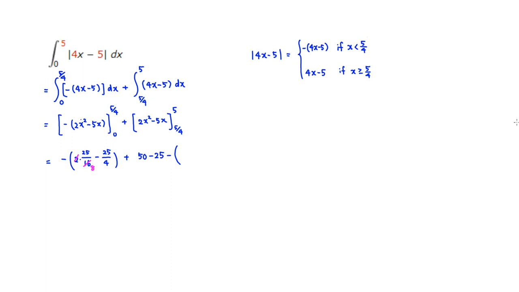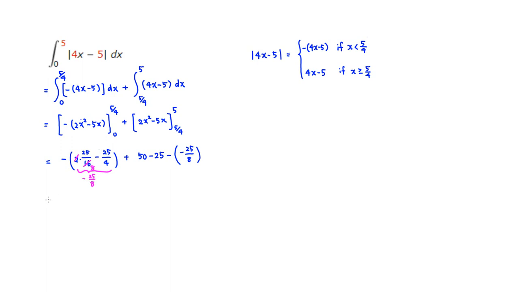And then you have 25 over 8 minus 25 over 4. So it's going to be a negative 25 over 8 there.